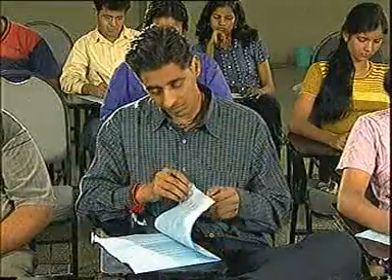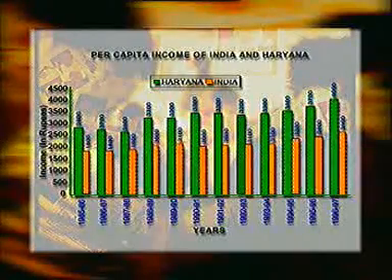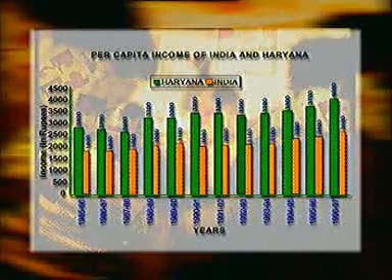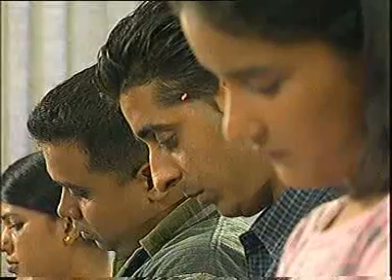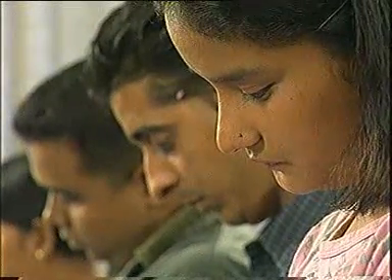Let us see how learners understand from the graphics. The artist had indicated the trend of per capita income of the last 10 years. Let us see what learners have understood from this graph. What is the per capita income of India during 1990-91 at current prices?